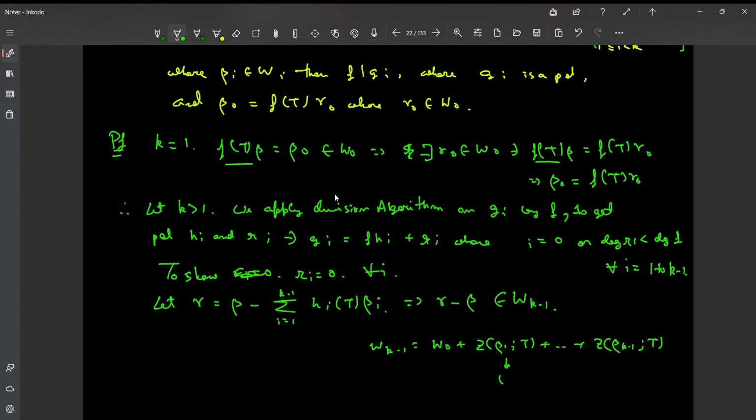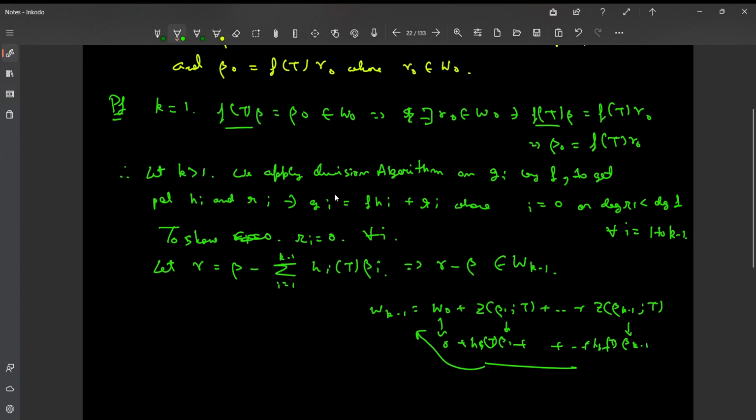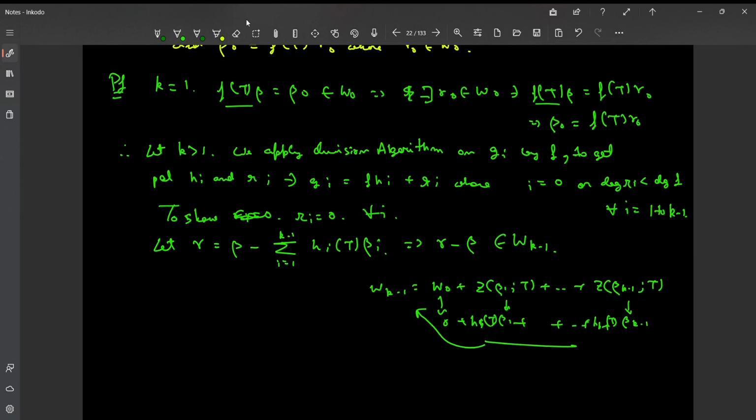So we choose an element beta 1 from here, let's say beta_{k-1} from here, sort of. We are not considering, suppose, the 0 element from here, for example. Then we have h1(T) of this, h_{k-1}(T) of this, we sum all of them, so this is obviously an element from W_k. That is what I wanted to say. Clear?